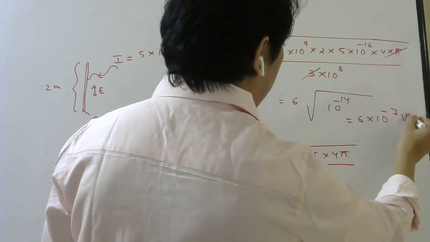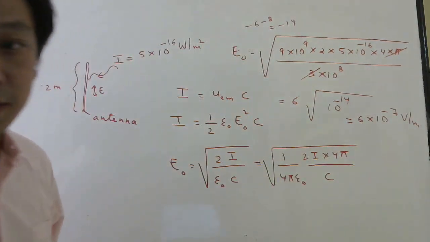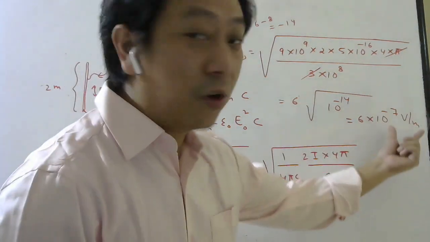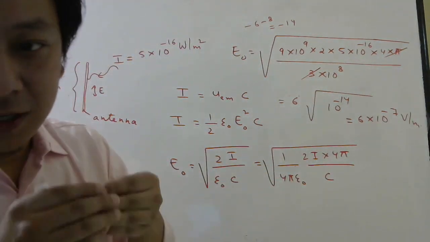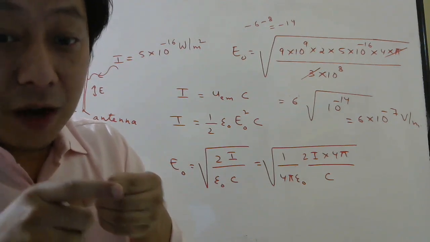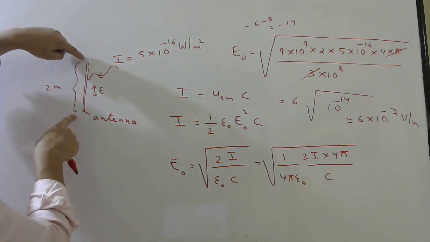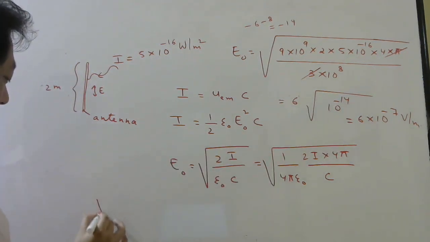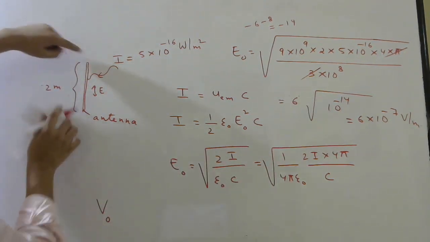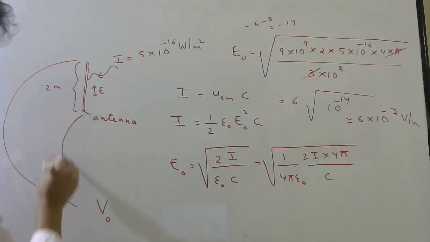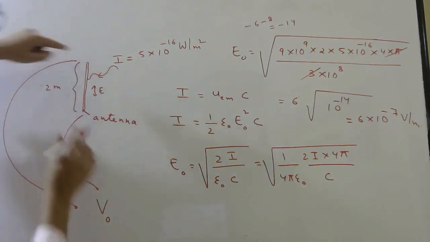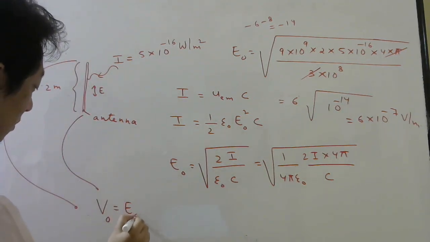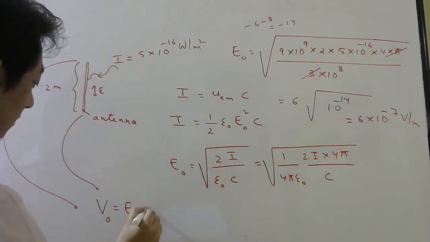Units will be volt per meter. From units also you will get an idea. So electric field is something volt per meter, which tells you the potential difference for 1 meter. We want the potential difference for 2 meters, so multiply with 2. Even if you don't remember the formula you can apply this. Maximum potential difference between these two will be the maximum electric field into this distance.